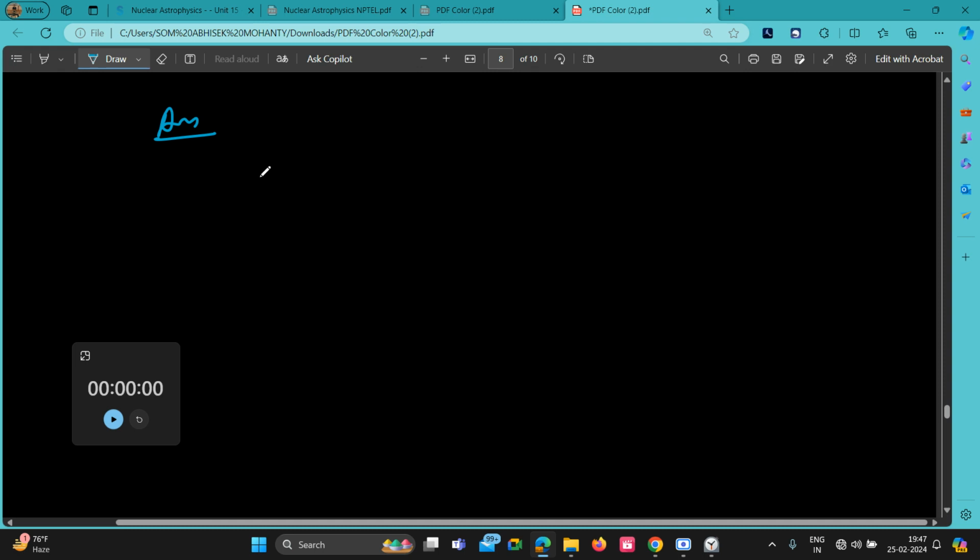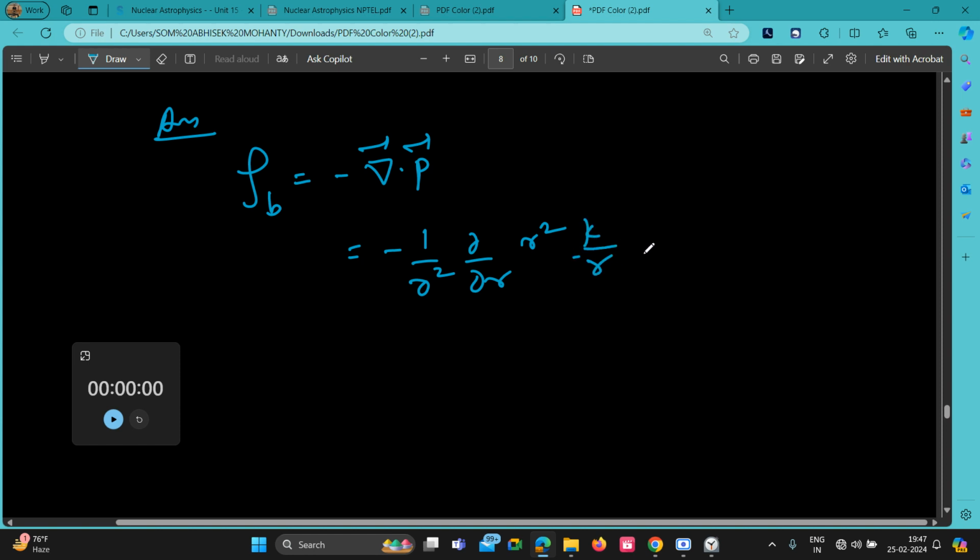So rho b is equal to minus del dot P. And del dot P I can write as 1 by r square d by dr of r square times P, and P is k by r. So if you do this, r square times k by r is k r, and d by dr of k r is k, so minus k by r square.